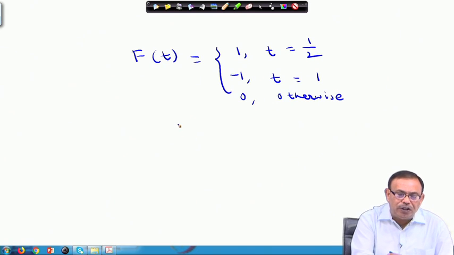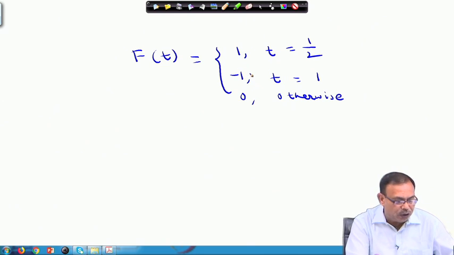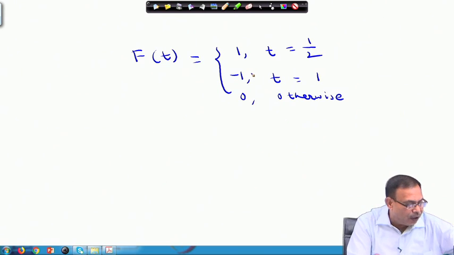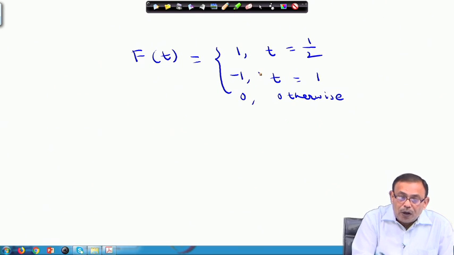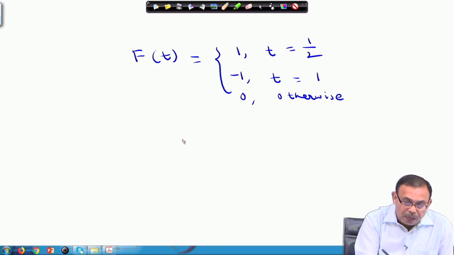So, if you take the integral from 0 to t of f t dt, always the value will be 1 and minus 1. Please note this thing. So, this is a null function. In this case, if you take the integral, the value will always be 1 and minus 1, so it will be 0.